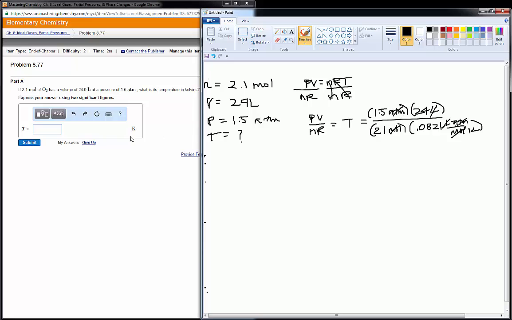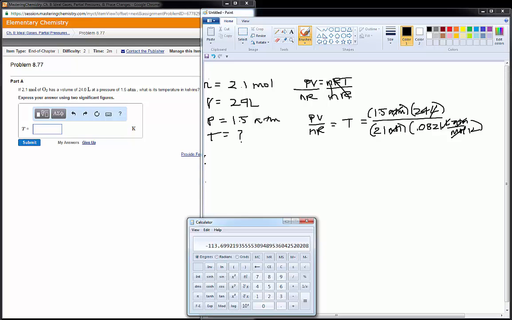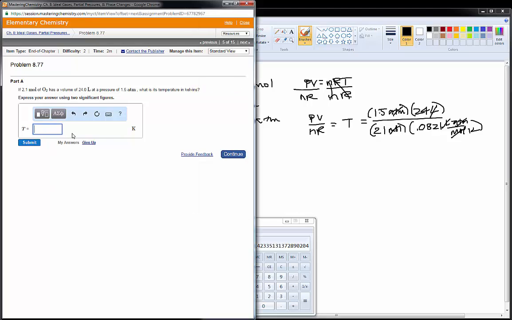K will be on the top, and they want units of K, so I don't have to convert to Celsius when I'm done. That's nice. 1.5 times 24 divided by 2.1 divided by 0.0821 gives us 208.8. We'll round that up to 209 Kelvin.